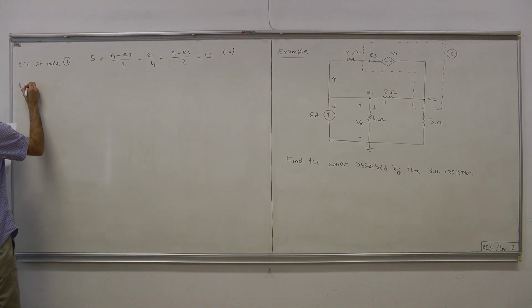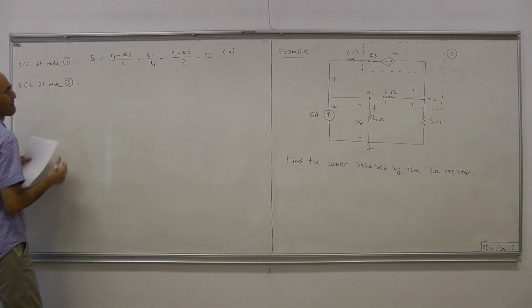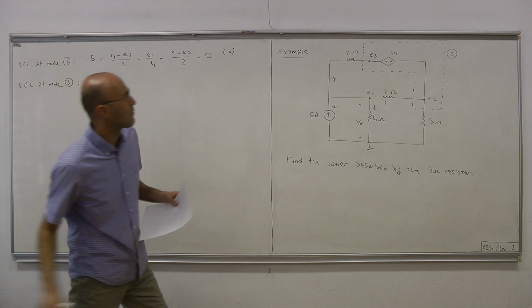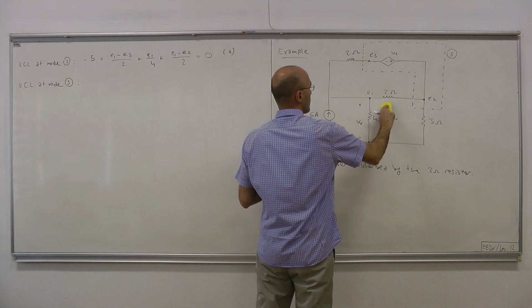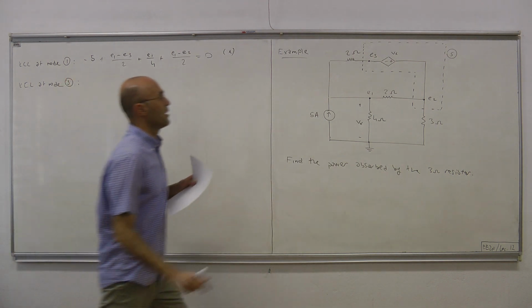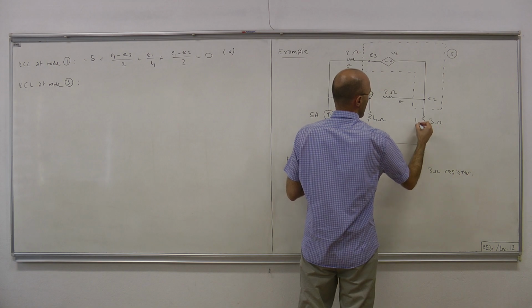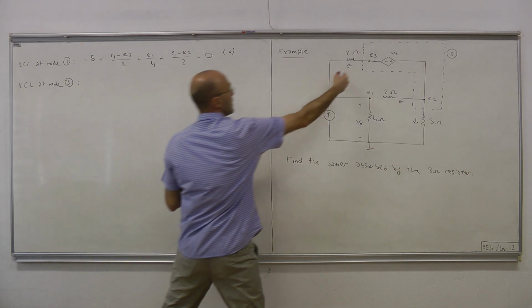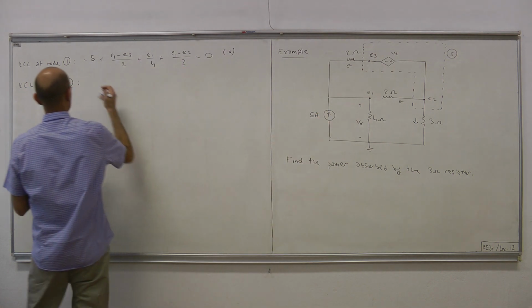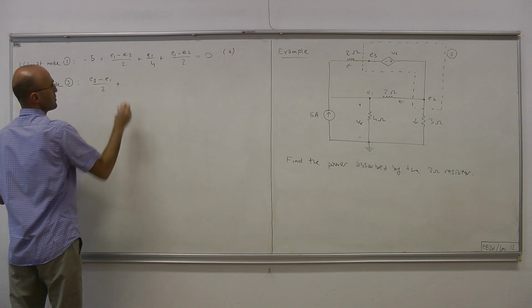Then we have KCL at the supernode. Okay. This time we're going to add 3 currents: this current, and that current. And the sum equals 0. This current is E3 minus E1 divided by the resistance in between.